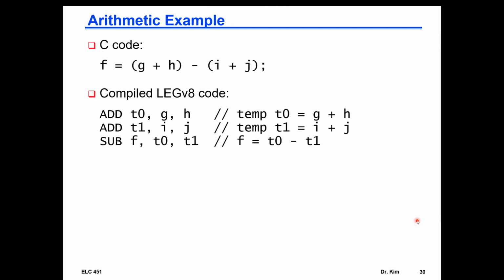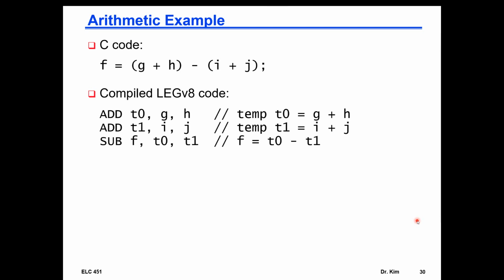And once we know the specific format of the instruction and the values that we need to give to the different fields, we're going to see that each of those lines of assembly language can be translated into a binary word of ones and zeros. So let's say that in C, we have this statement where we want to get the difference of two sums, G plus H minus I plus J.